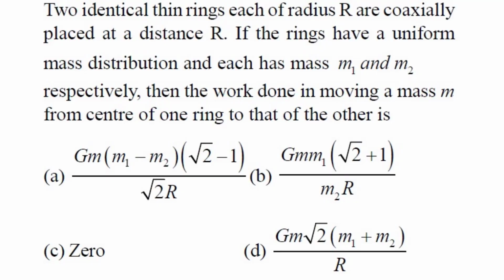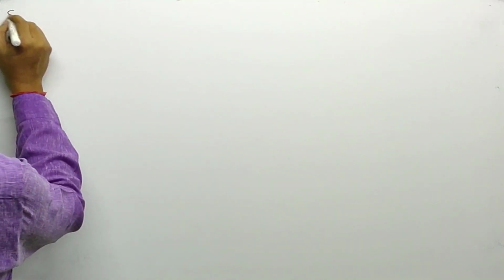Two identical thin rings, each of radius R, are coaxially placed at a distance R. If the rings have a uniform mass distribution and each has mass m1 and m2 respectively, then the work done in moving a mass m from the center of one ring to that of the other is. Solution.